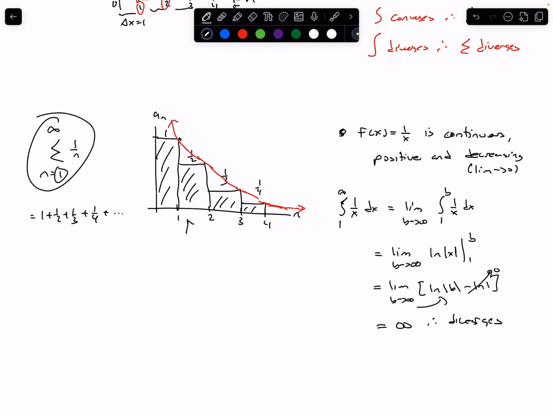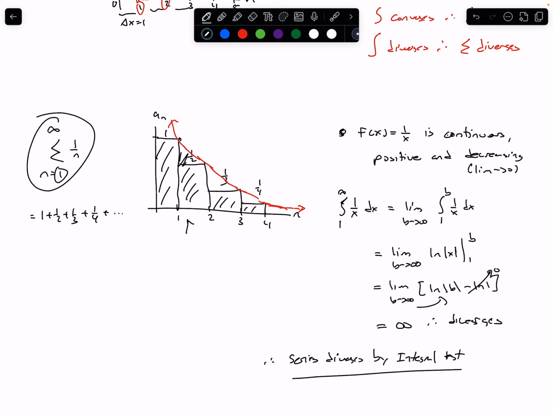But because my area grows forever, and we already know that my area above here incorporates more area than my Riemann sum, if that's going to diverge, and I can always add more rectangles, then my series will also diverge as well. So we would say, therefore, the series diverges by what we call the integral test.